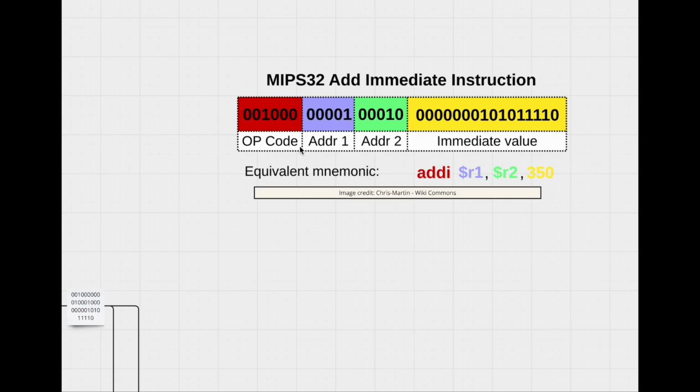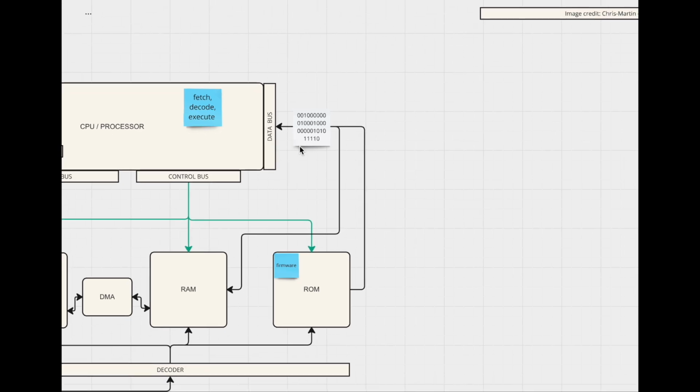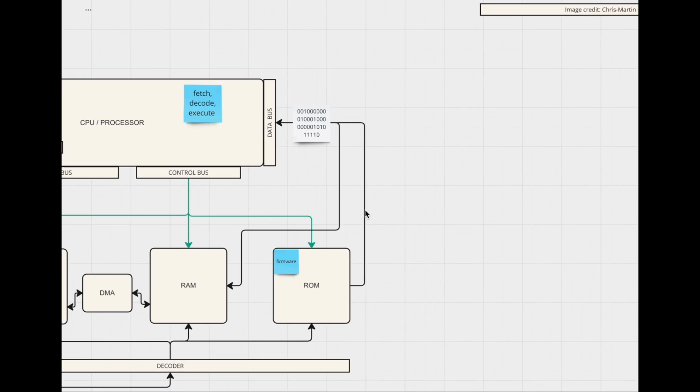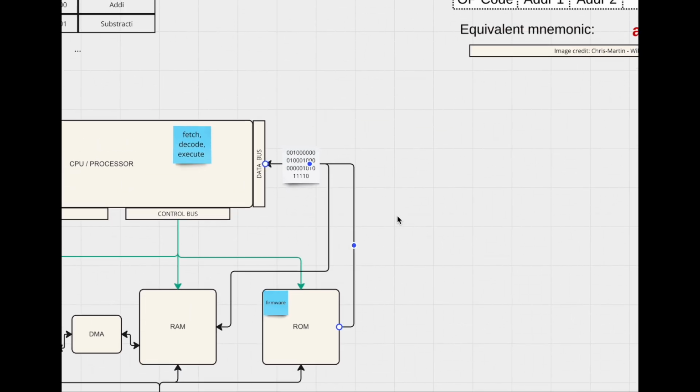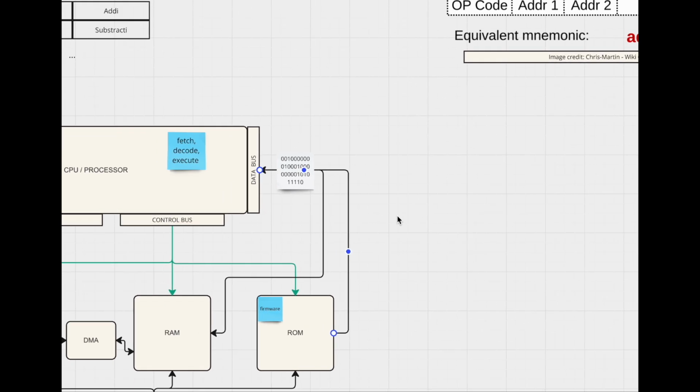One thing I didn't mention is that this line here is not a single line. The data bus determines the size of the computer. If you have a 16-bit data bus, then it means it's a 16-bit computer.